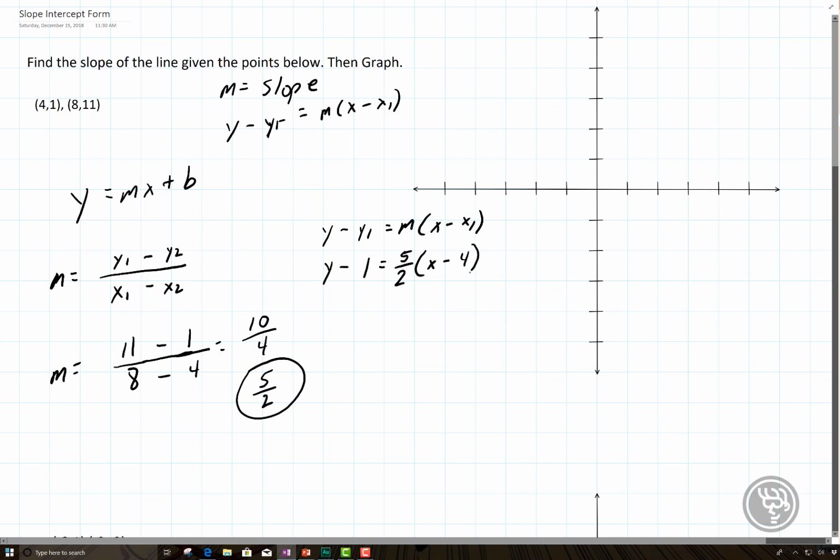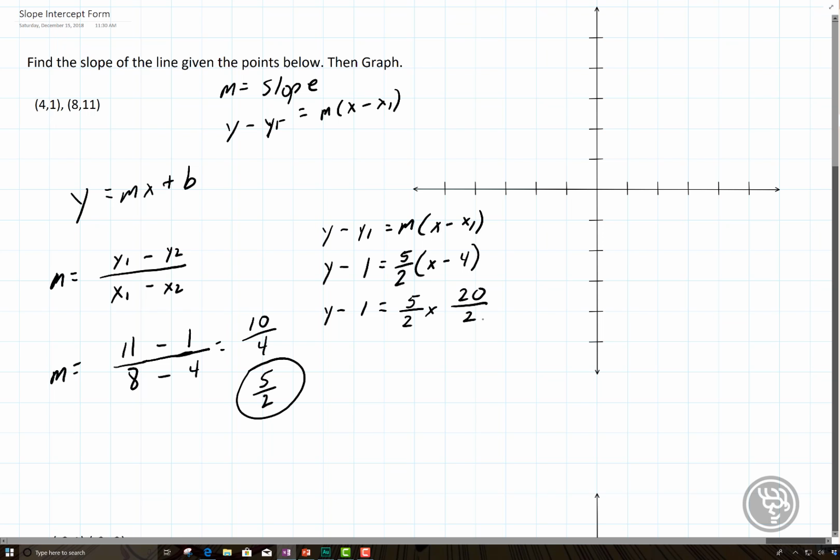Okay, so let's go ahead and put some of these terms together. We're going to get y minus 1 is equal to 5 over 2 x, and this is going to be 5 times 4 is 20 over 2. Okay, so there we have it.